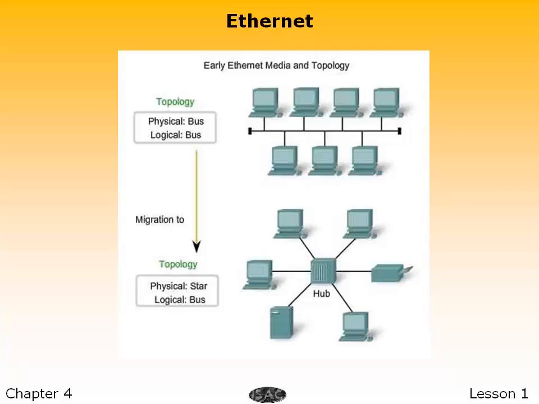Ethernet on unshielded twisted pair cables, or UTP, began with StarLAN at 1 megabit per second in the mid 1980s.